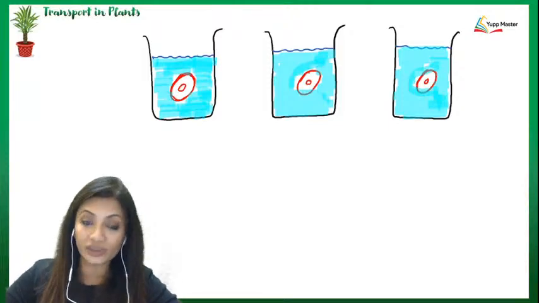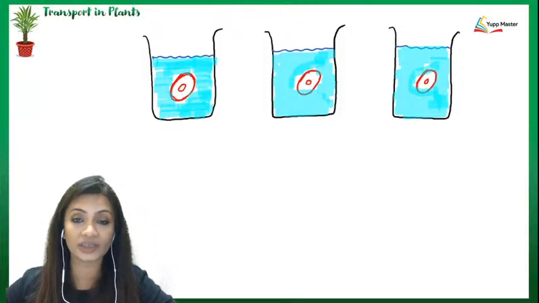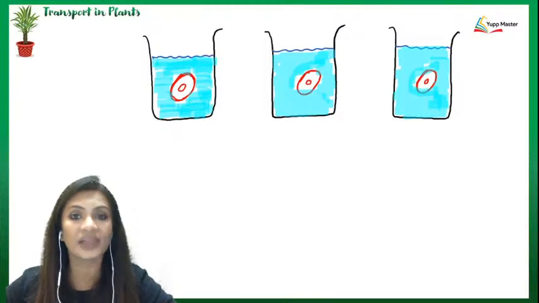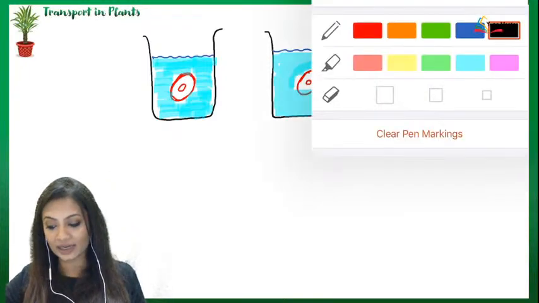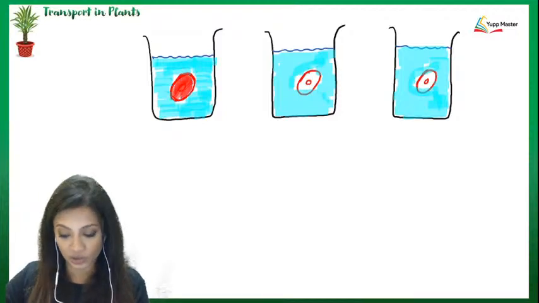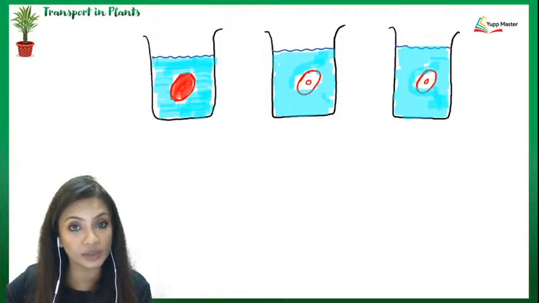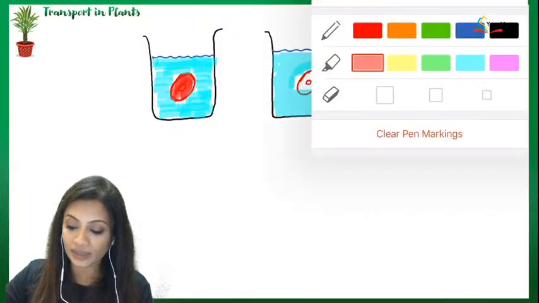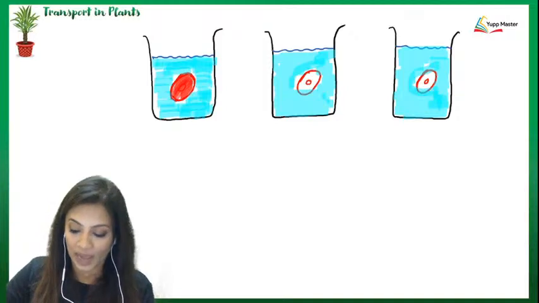Now you know that RBC is a cell. Over here I've put the cell as a red blood cell. Since it is a cell, that cell is also going to be having a certain amount of cytoplasm inside it, and the cytoplasm is also containing a certain amount of salts. Okay, so now let us say that I consider however much salts are present in the cytoplasm of this RBC.